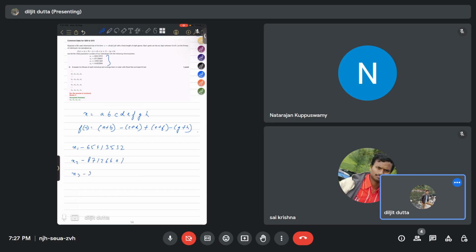X3 is 2, 3, 9, 2, 1, 2, 8, and x4 is given. Evaluate the fitness of each individual, and arrange them in order of the fittest first and the least fit at the last.